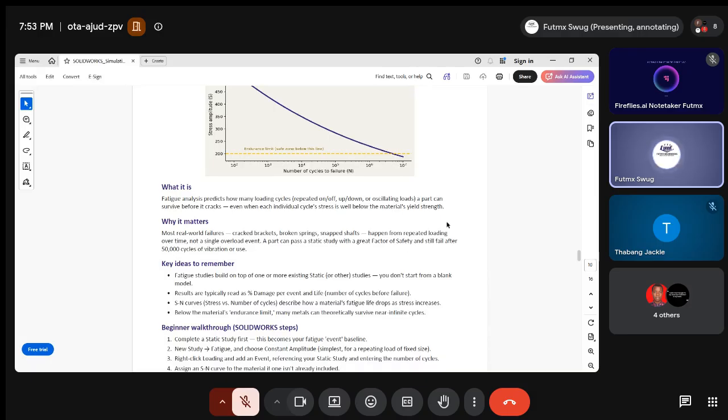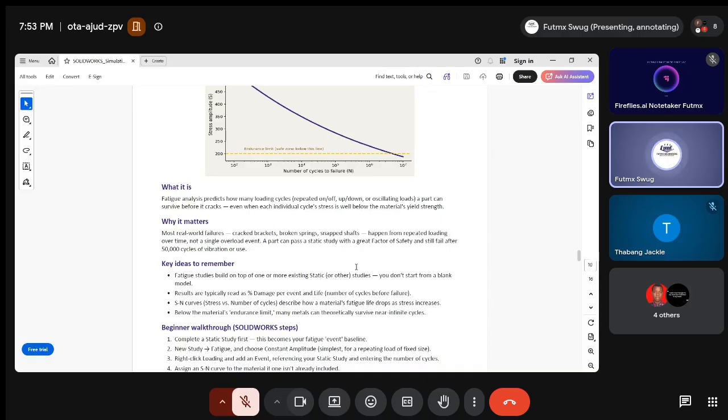So like I explained, you can pass your static study, but because that part will be used for a long time, you have to calculate, okay, how long can we apply this particular load, for us to know how many times this part can withstand this load before it breaks or bends.